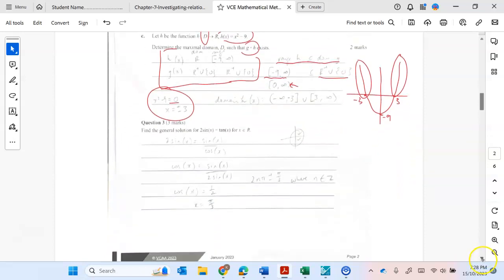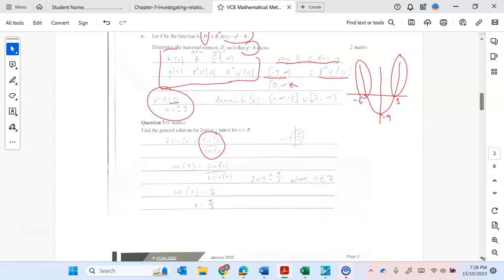All right, question 3, find the general solution for 2 sine x equals tan x. So understanding tan is equal to sine over cos, which most of you hopefully know. So if you've got a trig equation and you've got sine and tan, or if you've got sine and cos together, you would need to change it to tan.